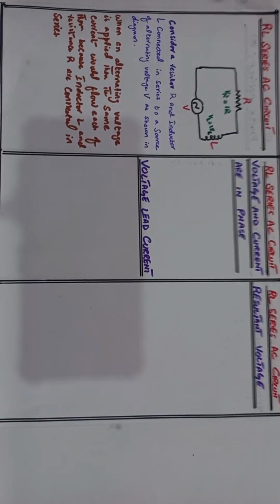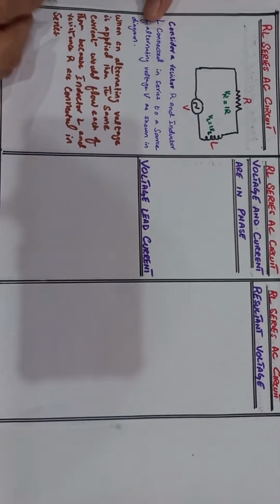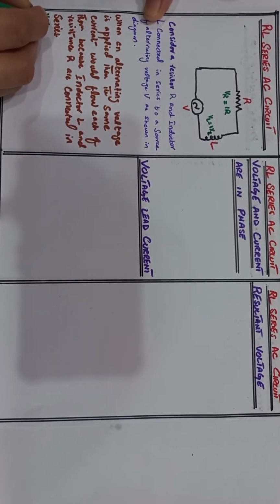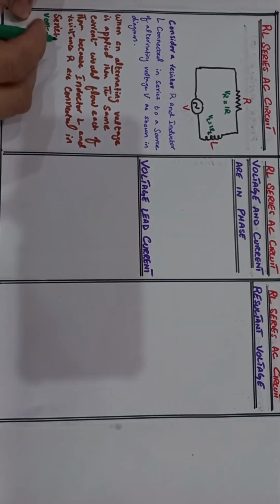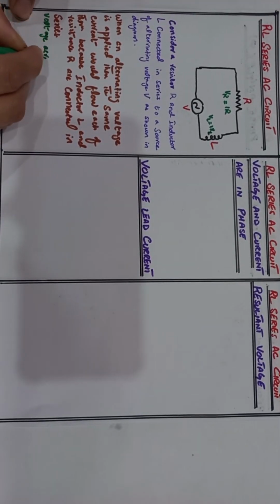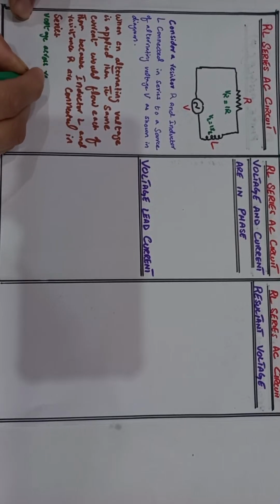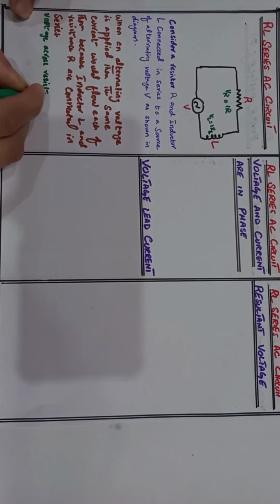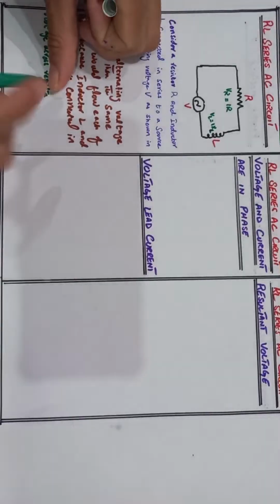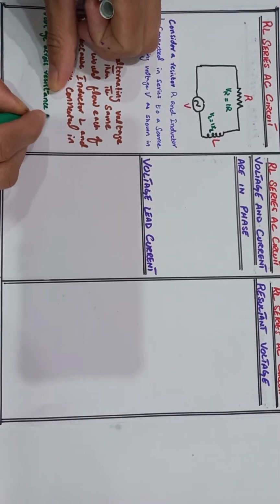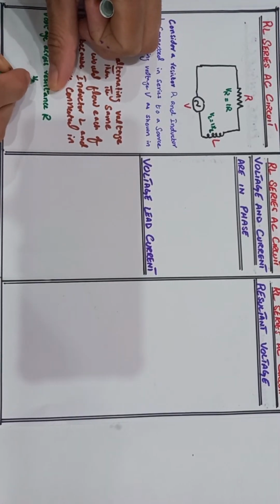So here we write that the voltage across resistance R, that is VR, is equal to IR.